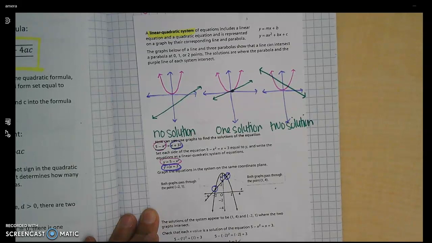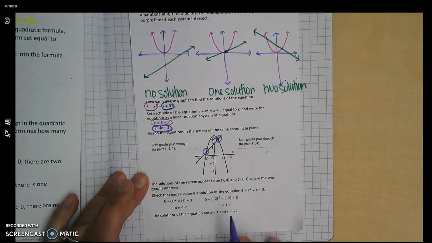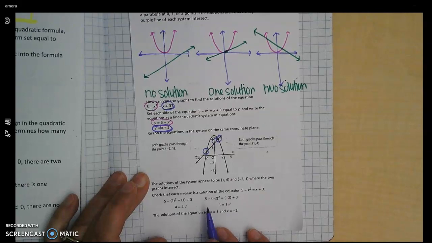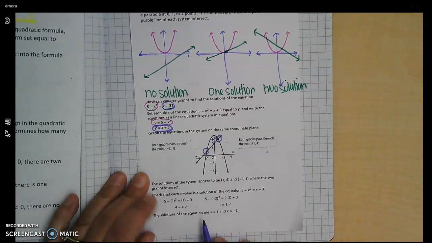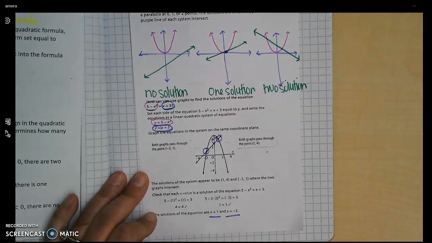For my equation, 5 minus x squared equals x plus 3, if I plug in 1 for x, I should get a balanced equation. If I plug in -2 for x, I should also get a balanced equation. So we know that the solutions of the equation in this case are x equals 1 and x equals -2.